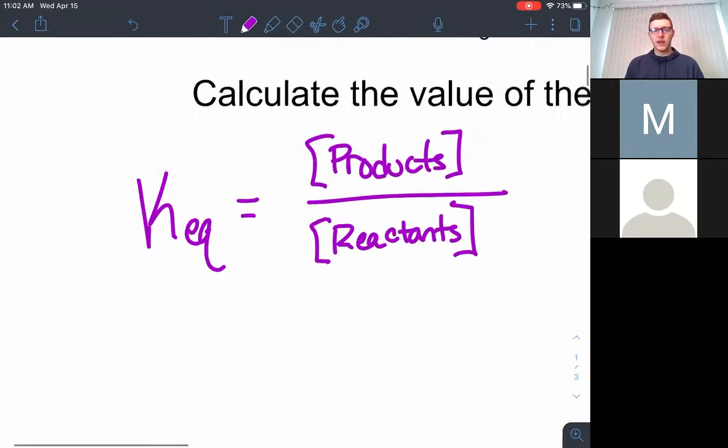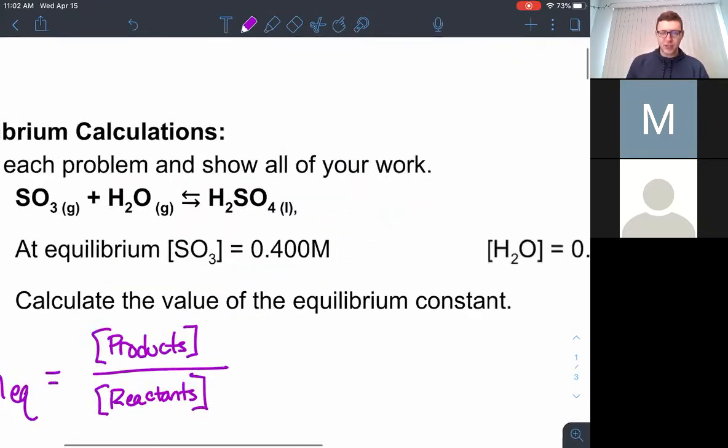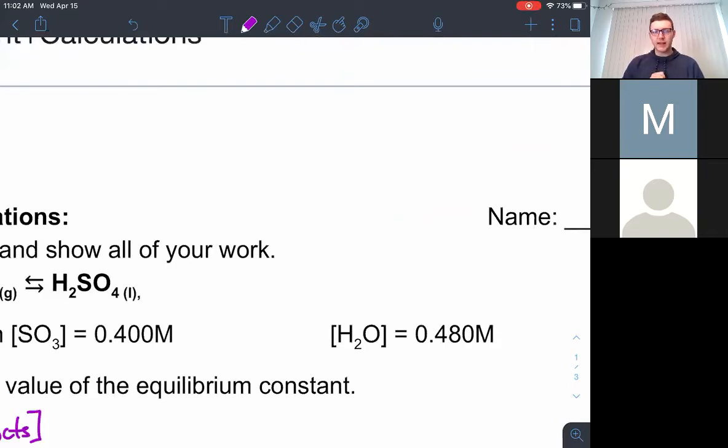And there's one more thing we have to realize every time we're doing these problems, is that 2 types of reactants and products don't count. So anything that is a solid or a liquid does not count in your equilibrium constant, because the concentration doesn't change.